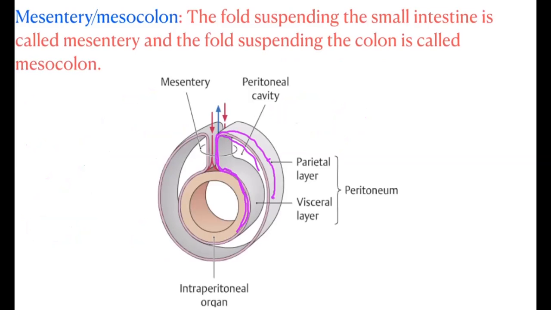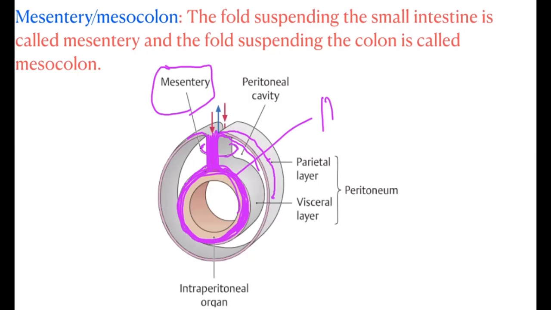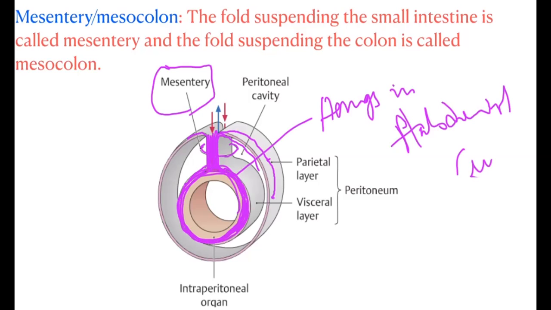In fact, this acts like a stalk on which the intestines and abdominal organs hang in the abdominal cavity. So you see, suspending the colon, right? And if the transverse colon is suspended by the mesentery, it is called mesocolon.